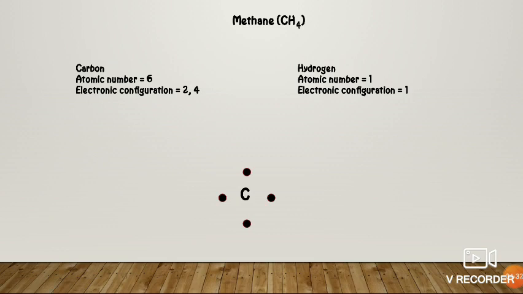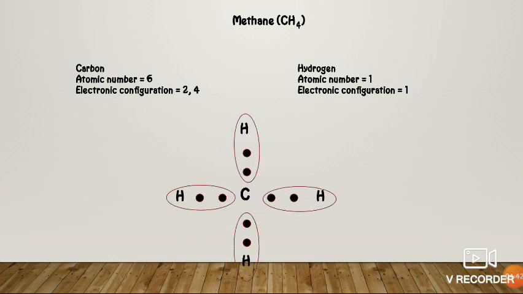So there is carbon with 4 electrons and 4 hydrogens, each having 1 electron. Hydrogen will share an electron with carbon and carbon will share an electron with the nearest hydrogen atom, so that carbon gets 8 electrons in total. So carbon and hydrogen are sharing electrons among themselves, so methane is also a covalent compound.